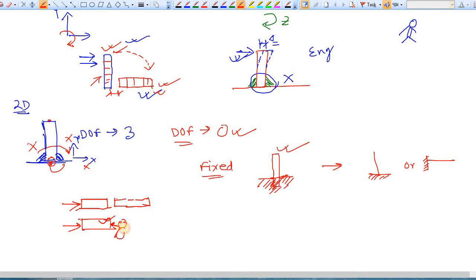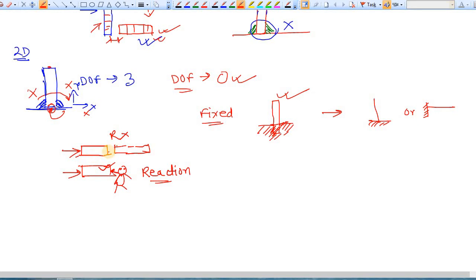What will happen? Of course you will feel a force or pressure, isn't it? And that pressure that you feel is known as reaction. When there is no support or no restraint, there is no question of reaction. But when you resist the object, obviously there will be some reaction.